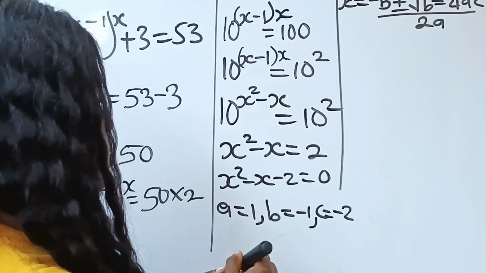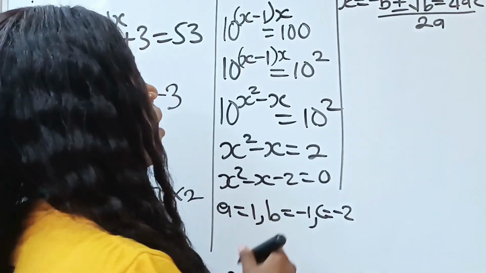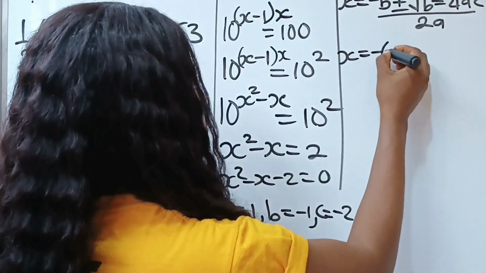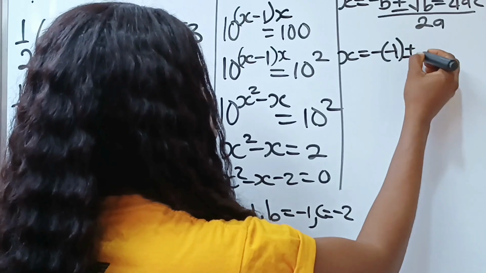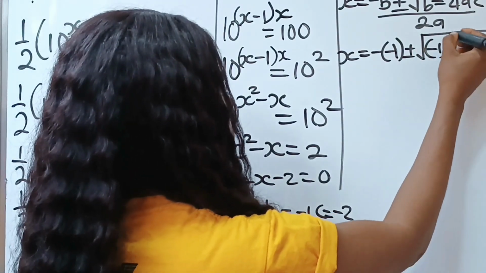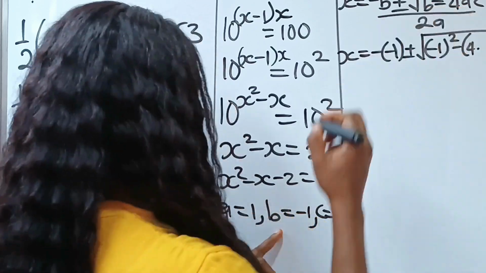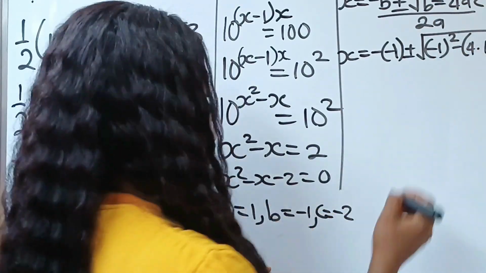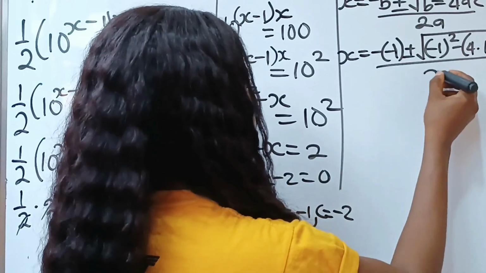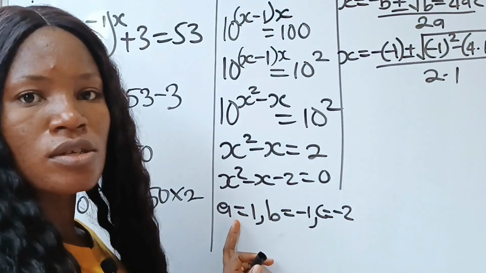So we are going to substitute this into this particular formula, and we have that x is equal to minus b, that is minus minus 1, plus or minus the square root of b squared, that is minus 1 squared, minus 4 multiplied by a, which is 1, multiplied by c, which is minus 2. Okay, everything divided by 2a. Our a is 1.